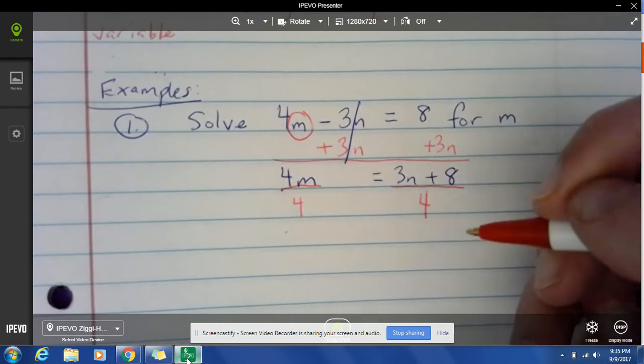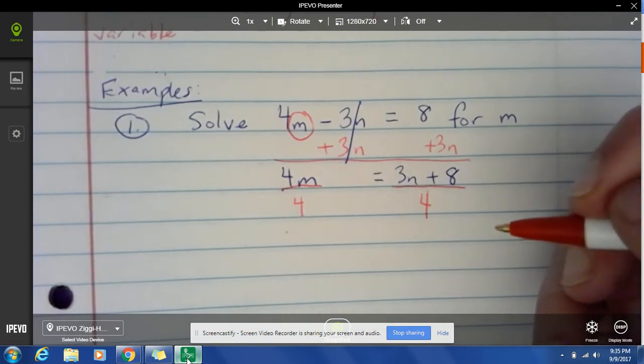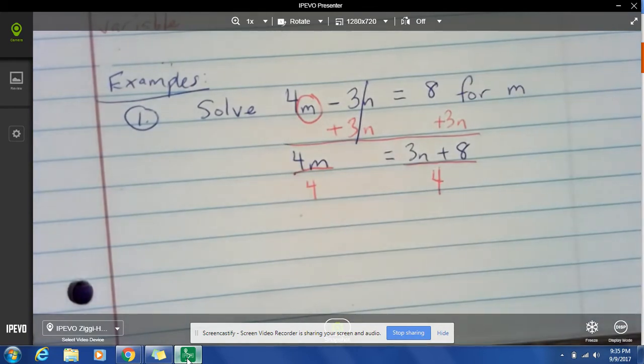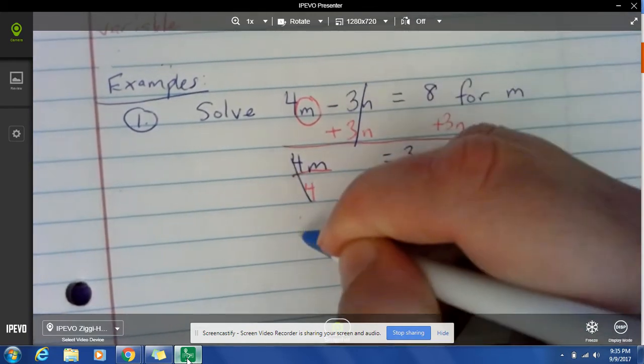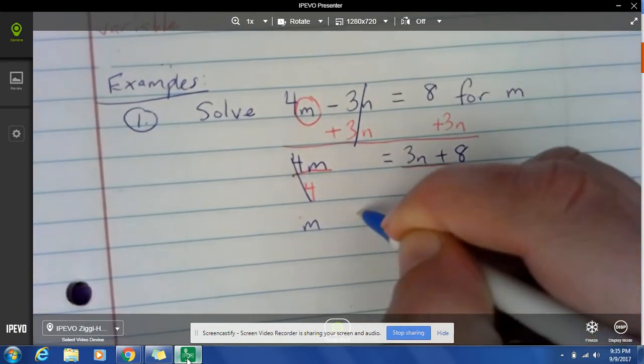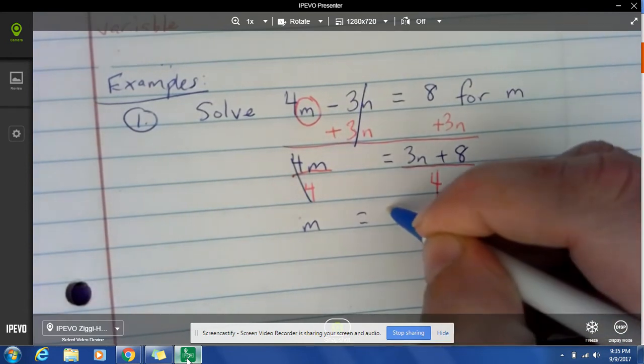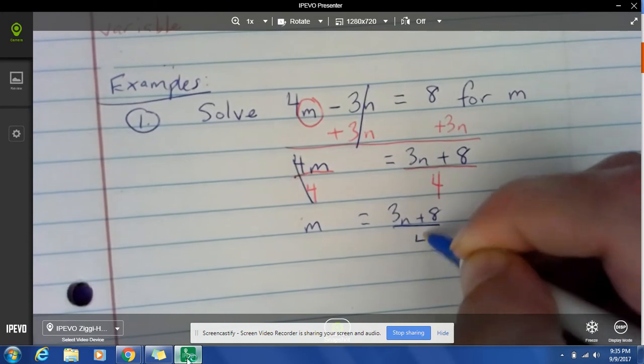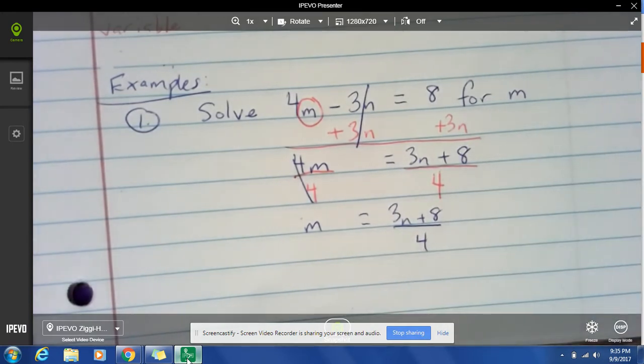This whole thing over 4. Okay? So we end up with these crossing out, and we have m equals 3n plus 8, all of it over 4.